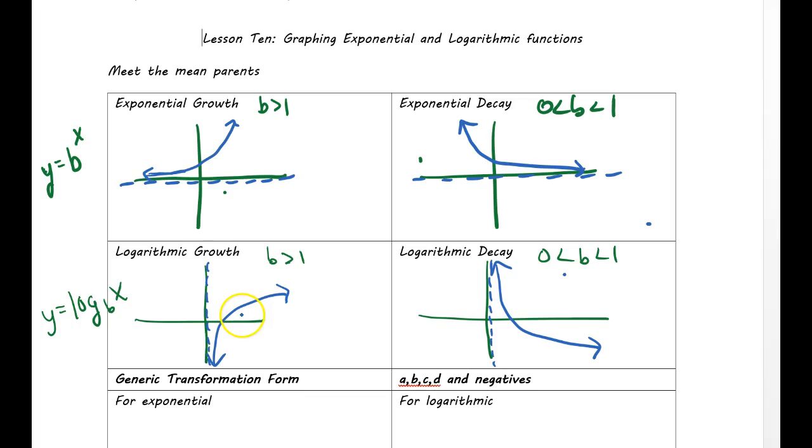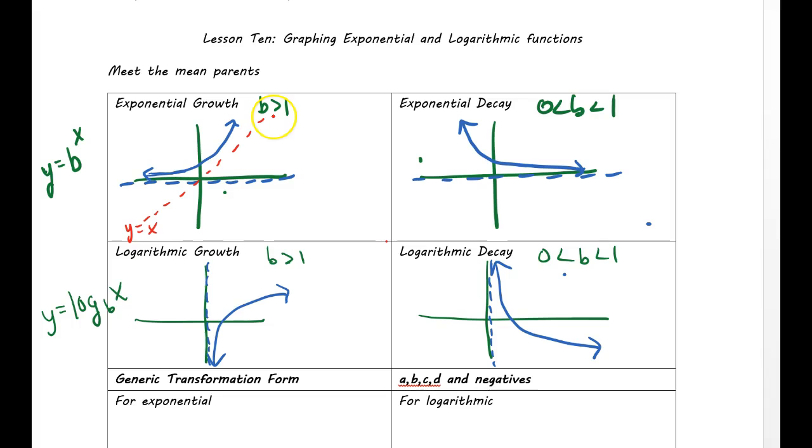So all that I did was I imagined, and don't write this on your paper, but I imagined if there was the diagonal line y equals x, then I imagined flipping this across the red line, and what would it look like? So that's the relationship between this one and this one. It's just flipping it across that red line, okay? And I know it's hard to see, but I promise it works if you do it, okay?